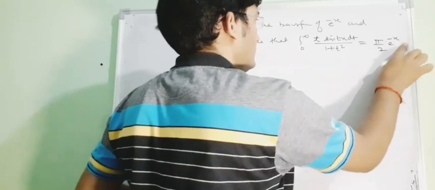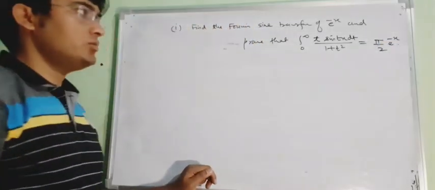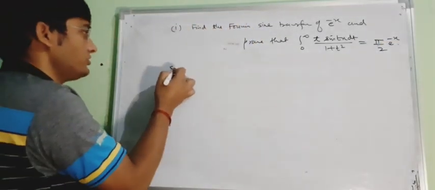We have to prove that this is equal to pi by 2 into e to the power minus x. Solution.